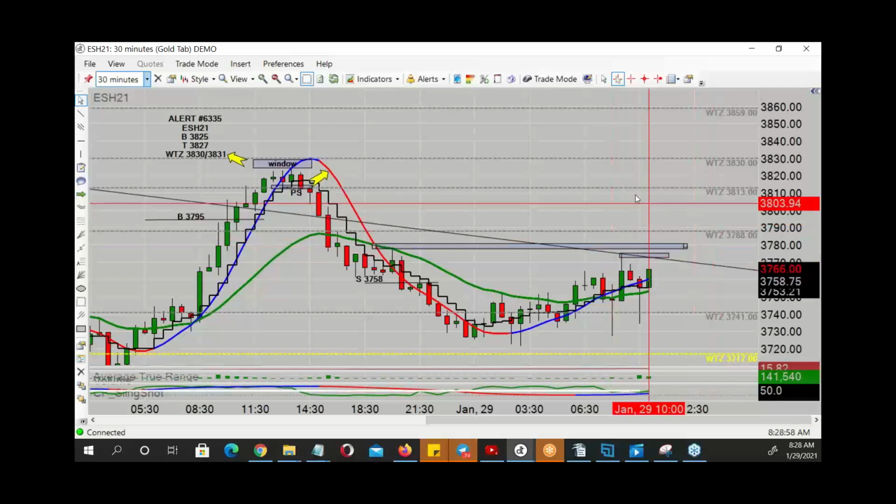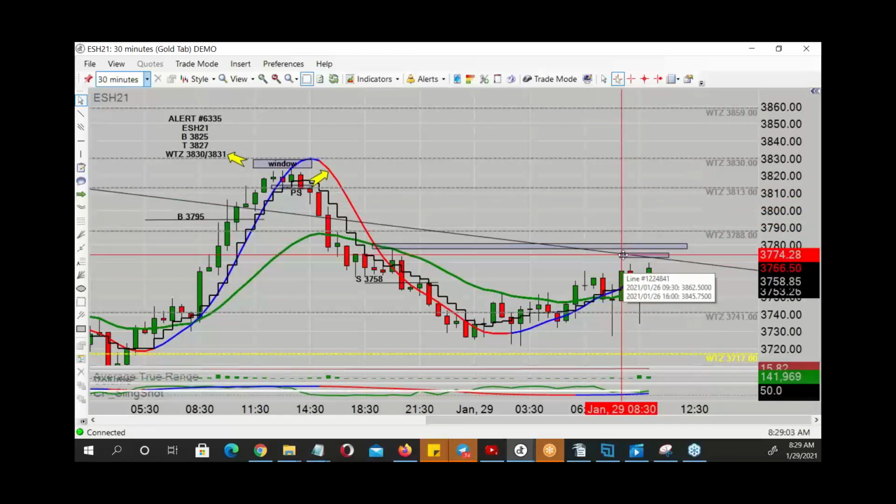So now here's the dilemma. If price can take out this resistance and this resistance, we've got a weekly zone overhead at 3788/89.